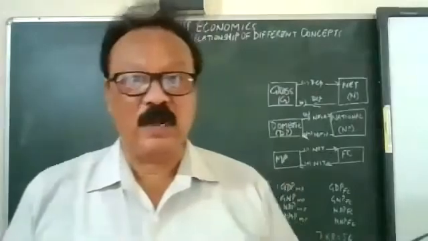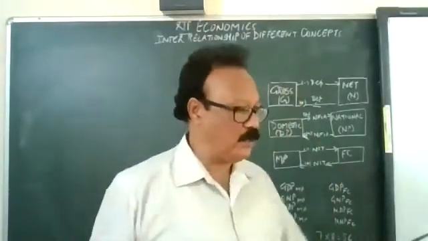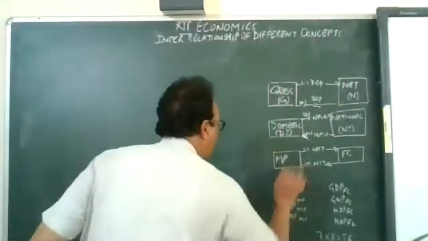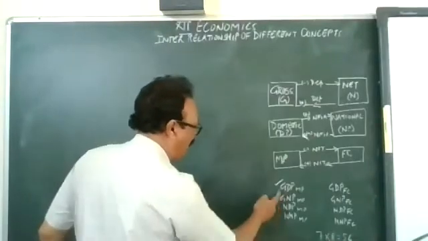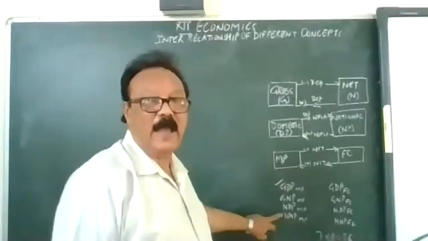You must know how to interchange the values or how they are interrelated. Instead of learning it by heart, there is a simple trick. Suppose I have to calculate GDP. I will calculate it based on all the other 7 aggregates.